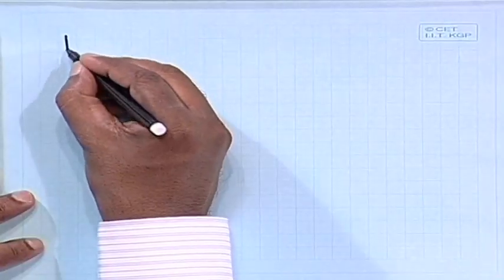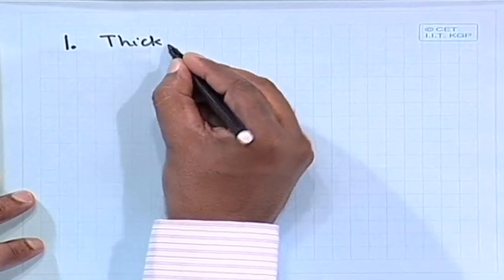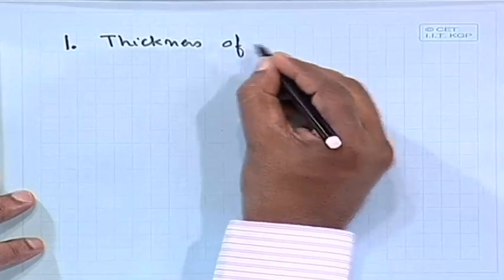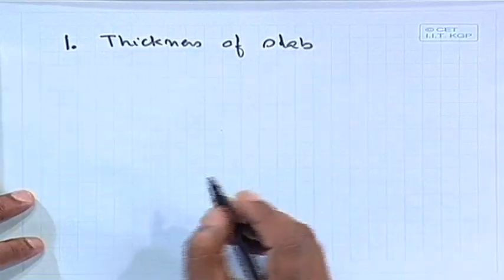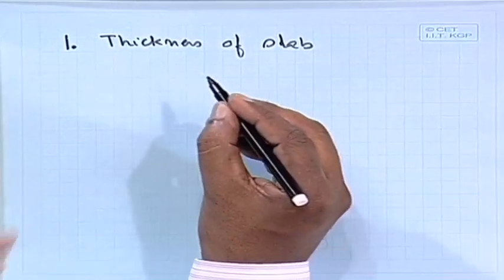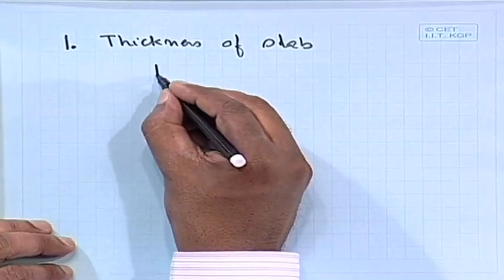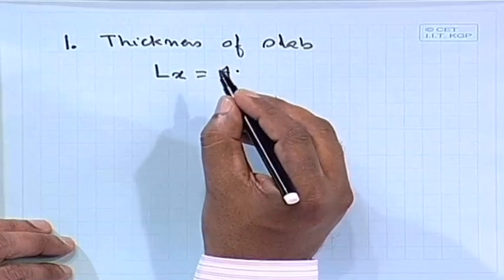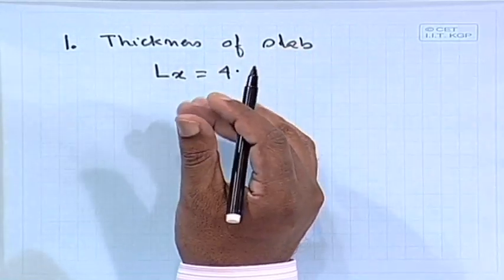So, number 1, thickness of slab. In our case, let us assume 4.0 meter center to center, and that is our effective span also. Because nothing is mentioned about the support condition, we shall assume 4 meter is the effective span.